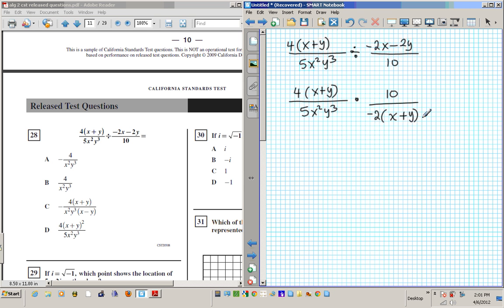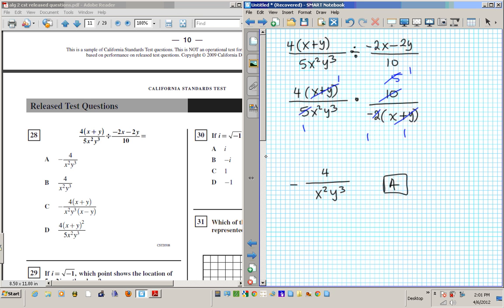Oh, x plus y goes here once, x plus y goes here once. 2 goes here once, 2 goes here 5 times, 5 goes here once, and 5 goes there once. Alright, so you're going to have 4 on the numerator over, don't forget this minus, okay? That's a trick. Minus x squared y to the third. Alright, so for 28, your answer is going to be A.